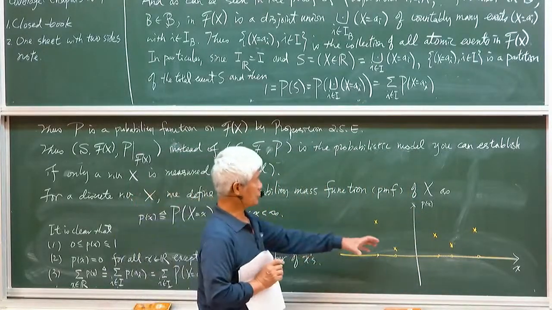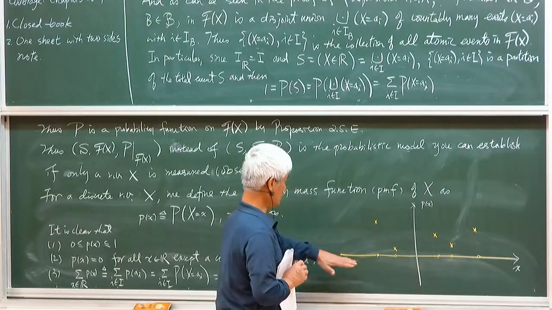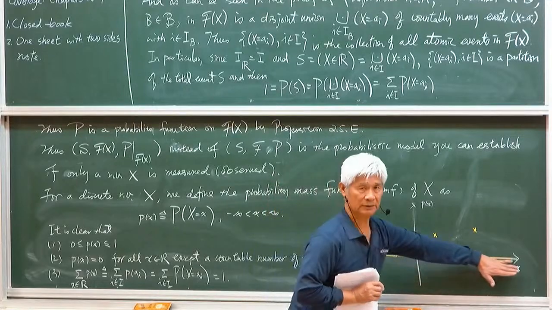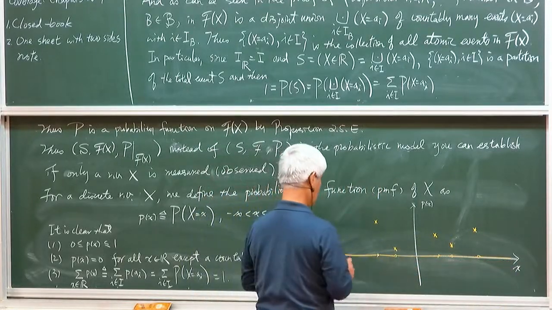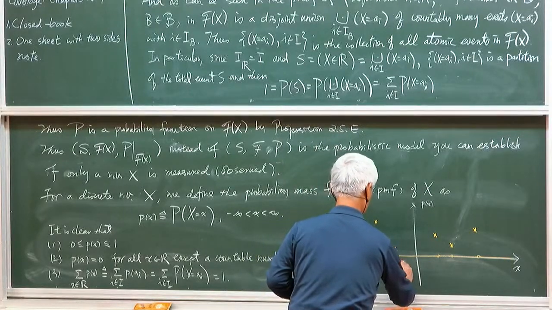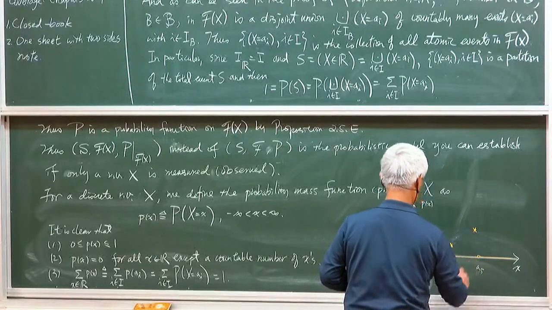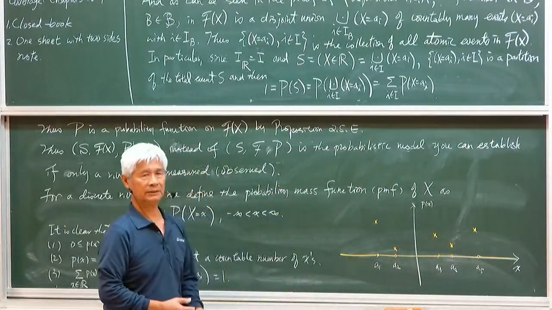If you draw a picture of the PMF, then you will see that almost all the values are zeros, except at possible points. So in here, maybe this is a1, this is a2, a3, a4, and a5. Suppose we have 5 values there.